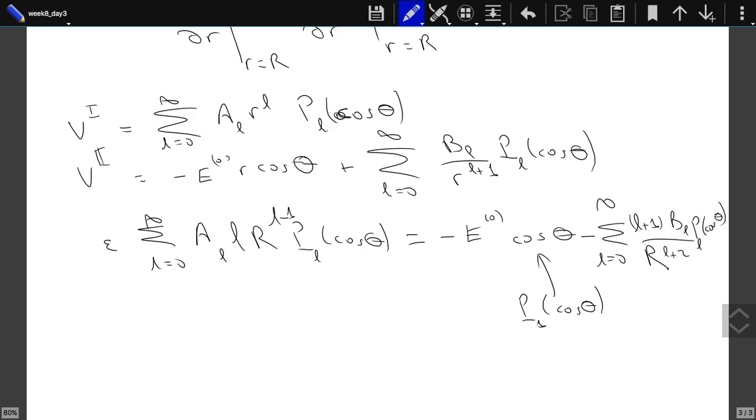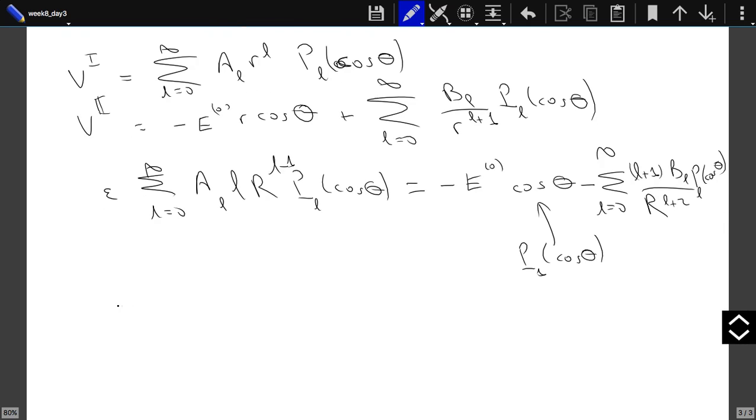Again, let's write the coefficient of the P1 cosine theta on both sides. On the left-hand side, we have epsilon A1 times, well, there's no R. Epsilon A1 is the left-hand side. On the right-hand side, the coefficient of P1 is minus E0 minus 2B1 divided by R cubed.